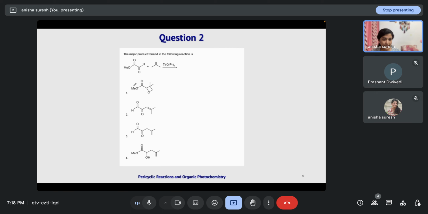So you can see, this is the ene component and this is the enophile component, particularly this portion. And this is the Lewis acid which will enhance the rate of the reaction. So this is an ene reaction. So what is the final product that is forming here? Four options are being given. You can work it out and tell me the final answer.